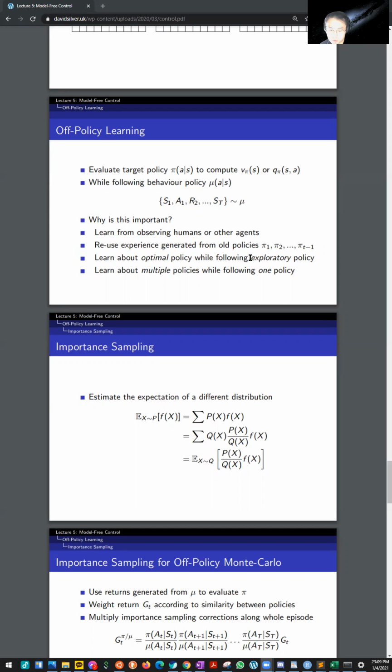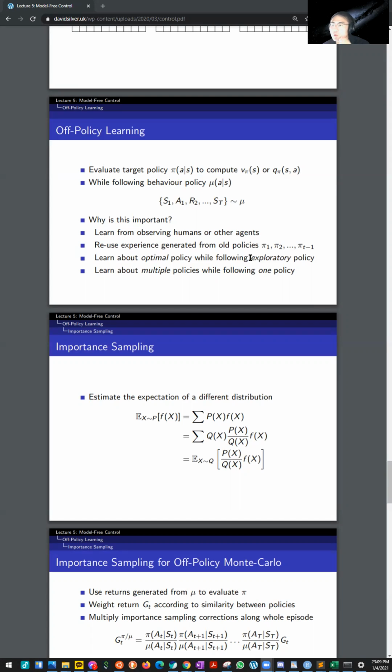So we could asynchronously use different agents who follow the single behavior policy, but each of them is trying to learn different policies. And the biggest formal advantage of off-policy learning is that we can reuse experience generated from old policies.